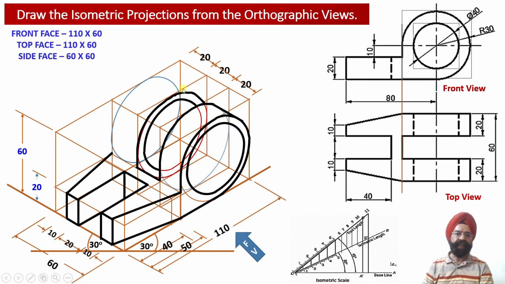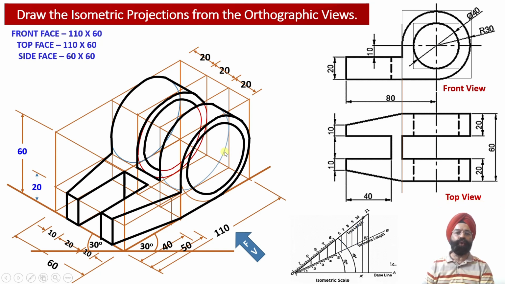So from here we take a distance of 20 millimeter, and then this outer boundary will be visible to the observer, and again this is a 10 millimeter height over here. So this way we have been able to obtain the isometric projection of the solid when the orthographic front view and top view projections of the solid were provided to us.